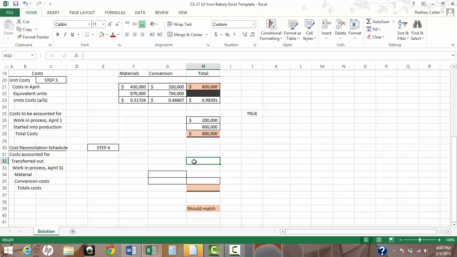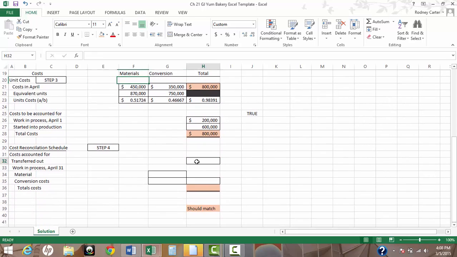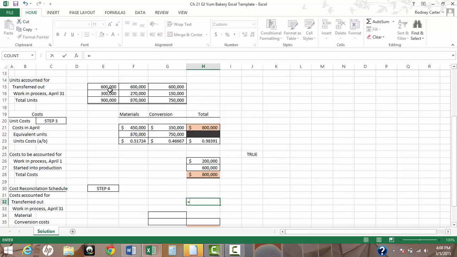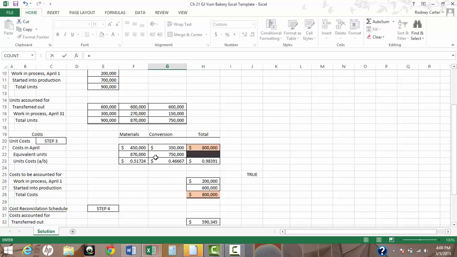Now, transferred out. We transferred out 600,000 units. So I'm going to take 600,000 units times my total unit cost per equivalent unit, and you'll see that that comes to $593.45. For materials, I'm going to take 270,000 times 51 cents.